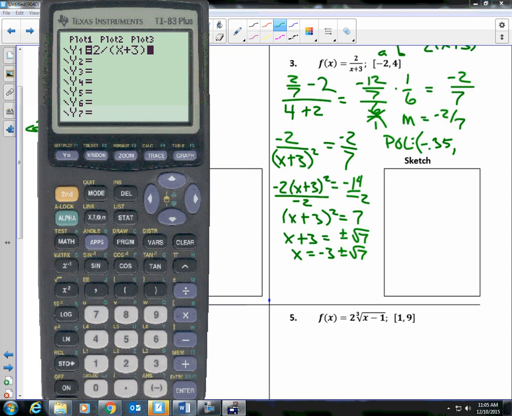I go divided by, and then I put in my domain restrictions. Parentheses, x has to be what? It's greater than or equal to what? So in the test menu, number 4 is greater than or equal to -2. And I do another divided symbol. How does x compare to 4?